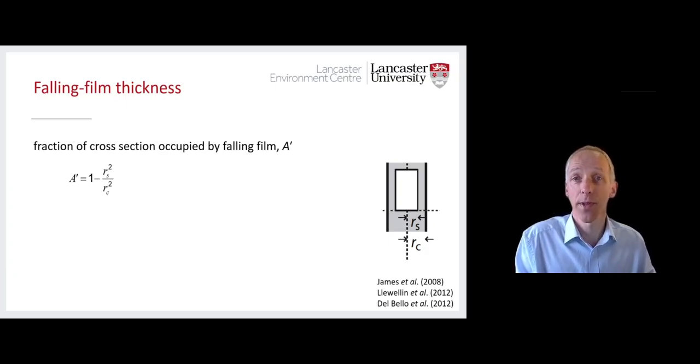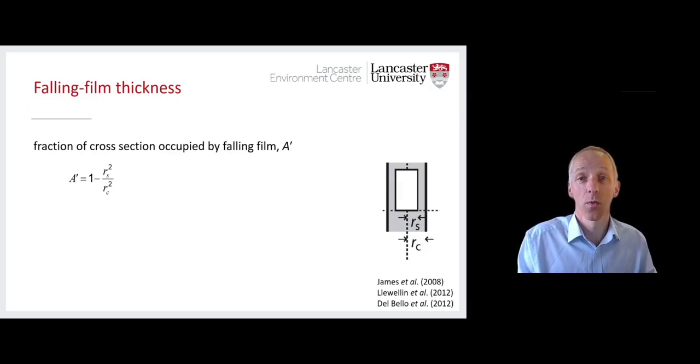We can represent this simply by A prime, which is the fraction of the tube cross-sectional area that is occupied by the falling film. We can then draw on extensive engineering studies to characterize A prime across a wide range of fluids based on a non-dimensional inverse viscosity.